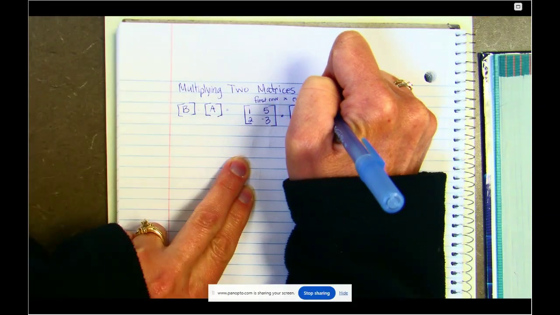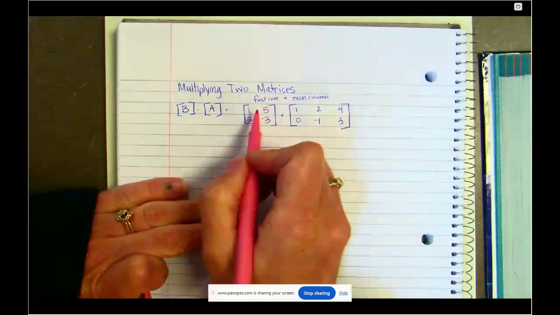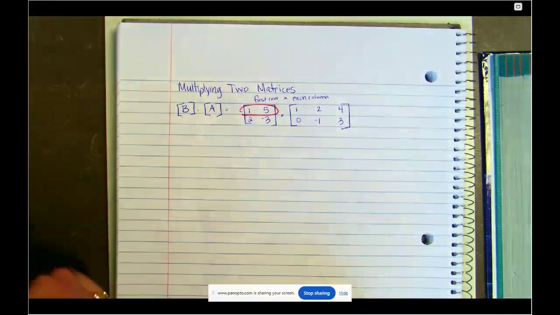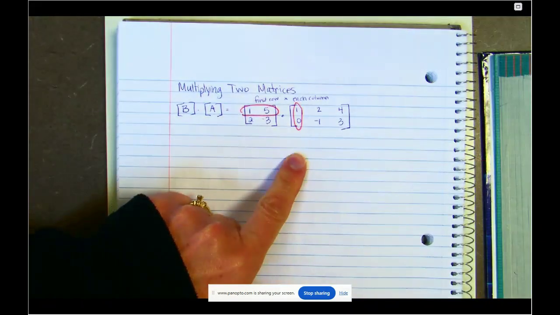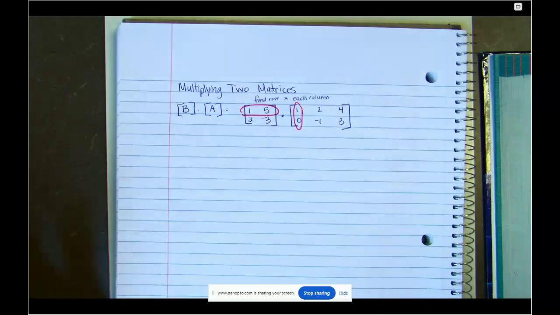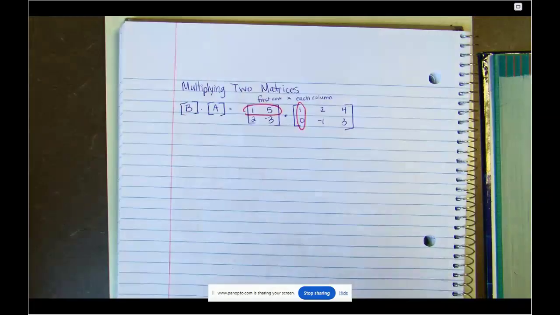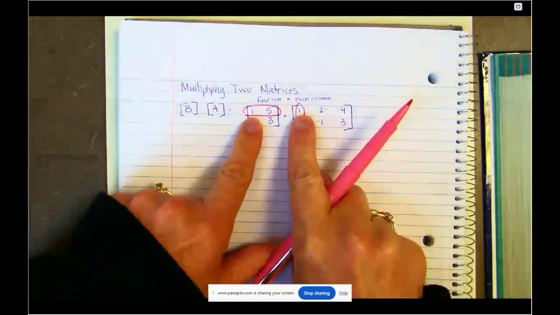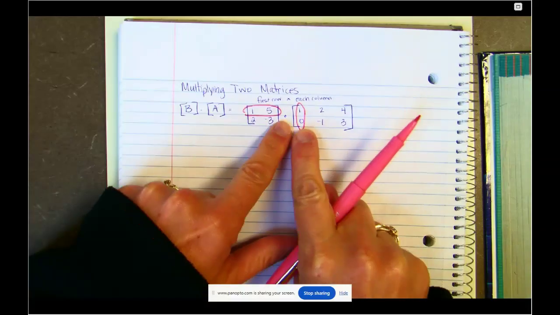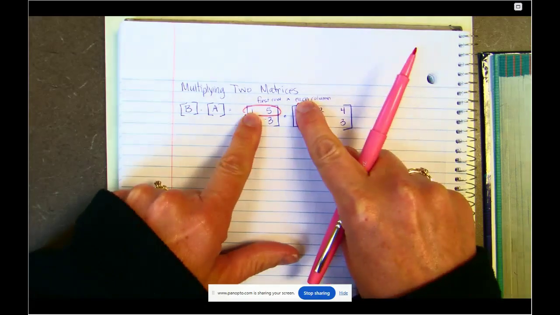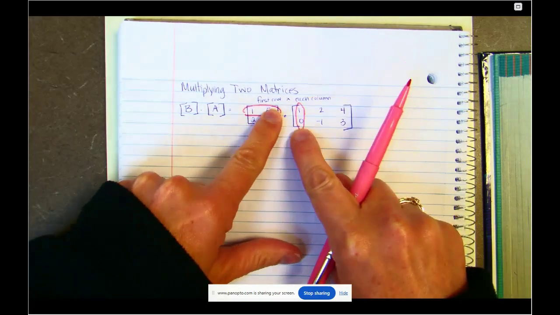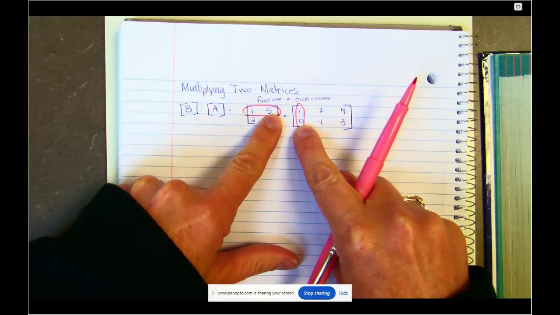Okay, so let me show you. So I'm going to take this guy right here, two numbers there, right? And I'm going to multiply it by this guy. So you're going to kind of imagine like two fingers like a plug, like there's my 1 and my 5, and I'm going to turn them and plug them back in. So the 1 gets multiplied by the 1 and the 5 gets multiplied by the 0. Okay, so first spot in the row, second spot in the row, first spot in the column, second spot in the column.